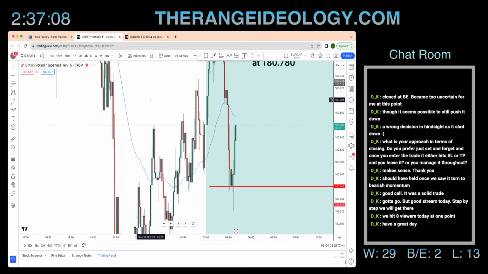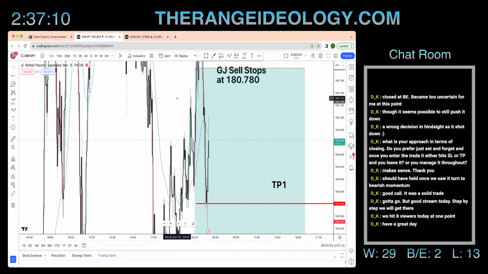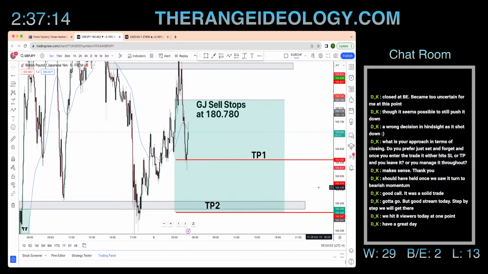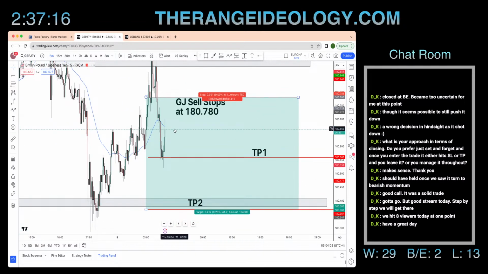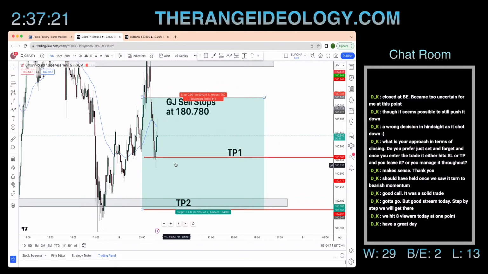So the EMA tap here, so it can definitely continue back down. It doesn't mean that the price can't come up before it comes down, but it can certainly come down. And I'm still holding this in anticipation that it will come down to hit TP2.